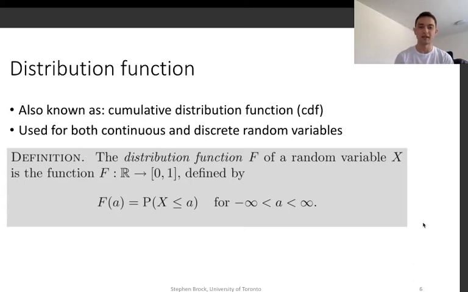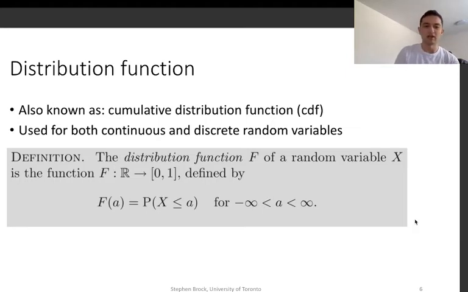The most important thing that I want you to take away is understanding the meaning. Knowing the definition is not super important, but understanding the definition is what's important. So knowing that a distribution function F of a random variable X maps real numbers to [0, 1] and is defined by F(a) equal to the probability of X less than or equal to a, for a between negative infinity and infinity, is important, but understanding what that represents is more so.